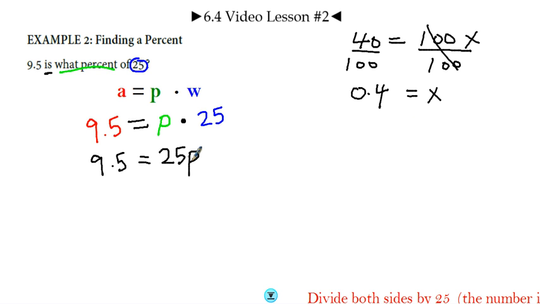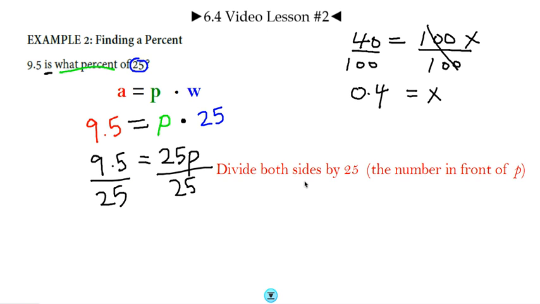You're solving for P, and you have to divide both sides by the number in front of P, which is 25. So divide both sides by 25. And 25 is the number in front of P, so we want to get rid of it. If we do that, 25 divided by 25 cancels out, it's 1.